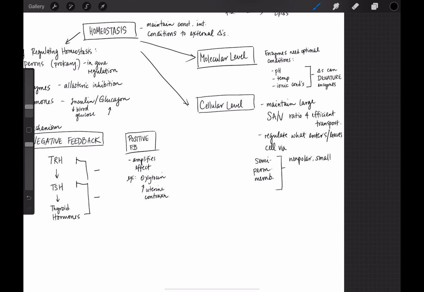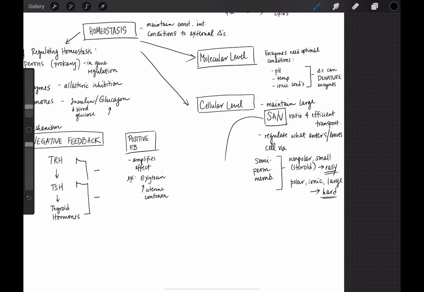So remember, the types of molecules that have an easy time passing through are those that are nonpolar, like steroids, or small, like water. Water is kind of the exception. It's polar, but it's small enough to squeeze through the nonpolar tails. And then you have polar, ionic, and large molecules that have a hard time passing through. So they need help through facilitated diffusion or transport proteins.